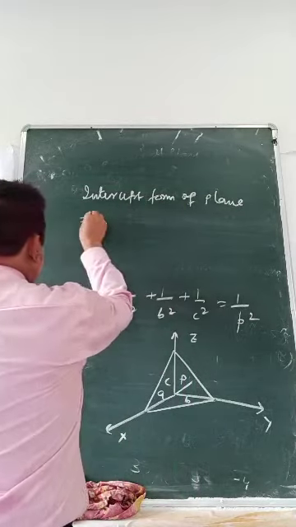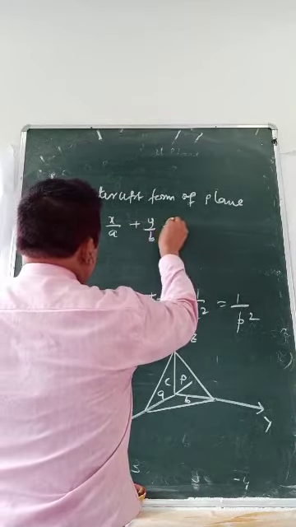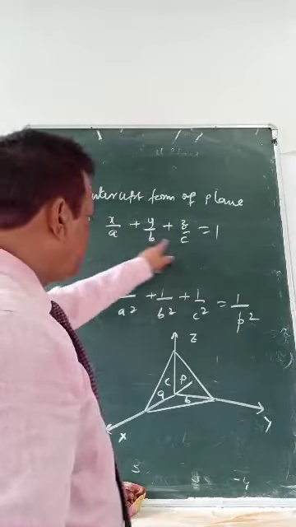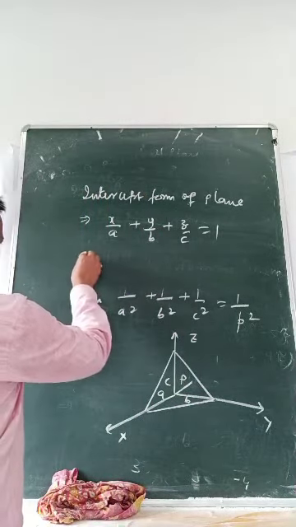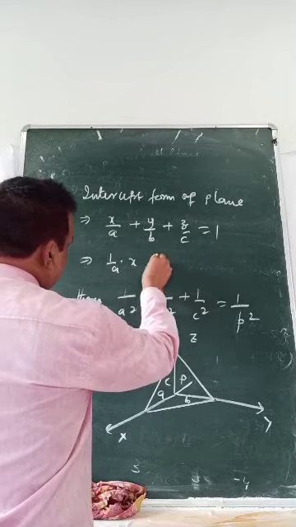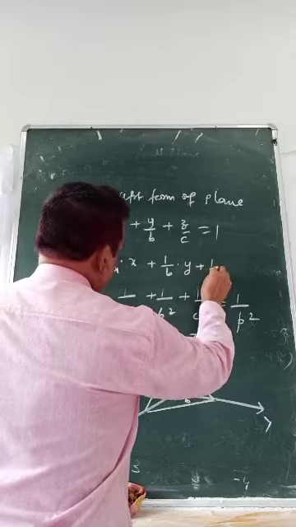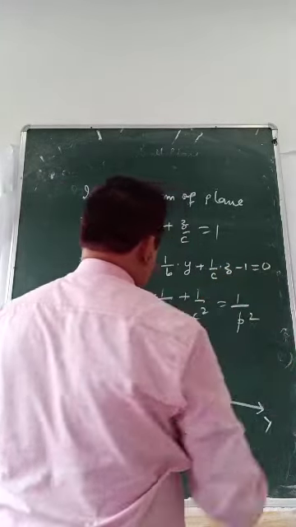That is x by a, y by b, z by c equals 1. This is the intercept form of a plane, which I have already told you. Just rewrite this as (1/a)x + (1/b)y + (1/c)z - 1 = 0.